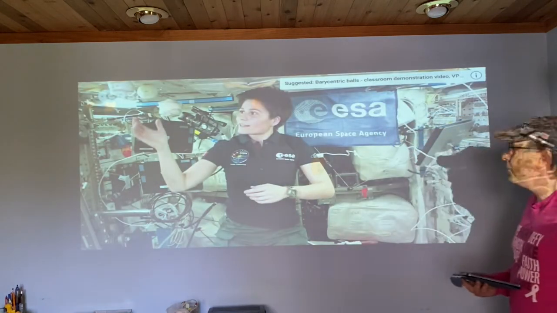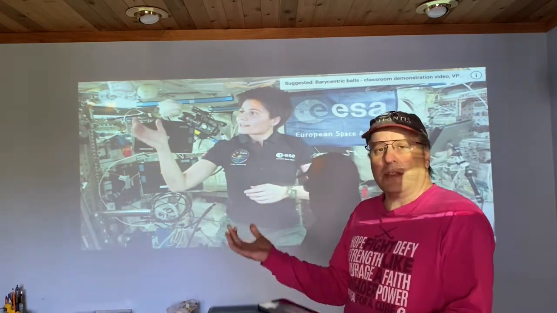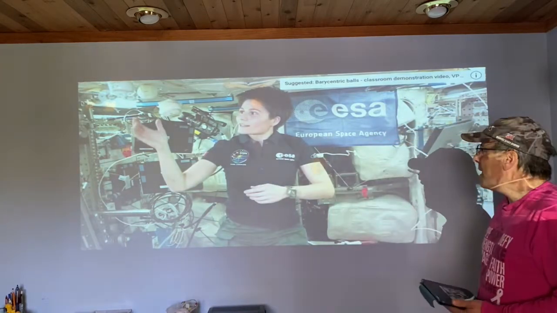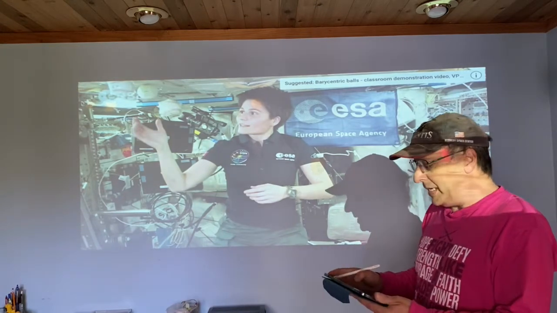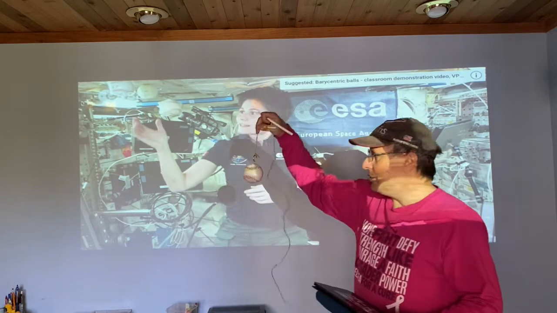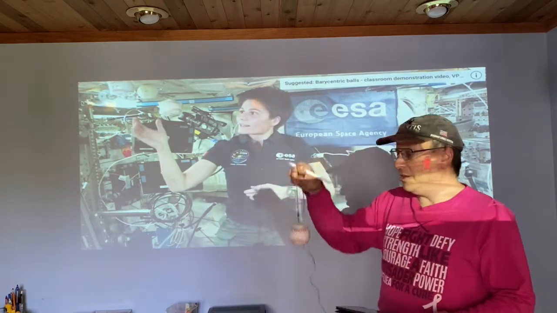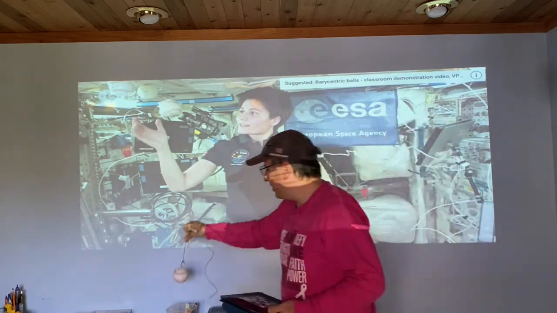Okay, we can see this really well if we look at somebody in an enclosed system with no windows, so we have nothing to judge other than what we see in our own frame. And this is an example of an astronaut in the International Space Station. Just like me, she has some baseballs. She's from Europe, so she calls them baseball balls, which I guess is really the correct term.